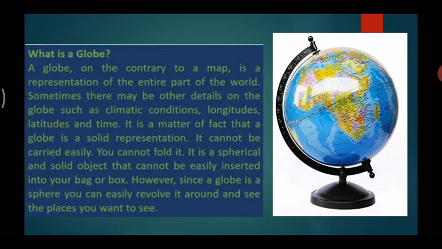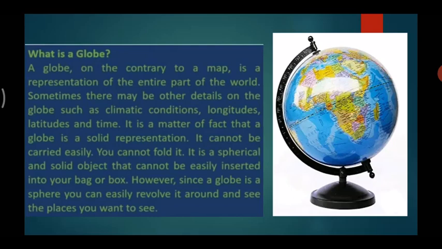Now, what is a globe? A globe, on the contrary to a map, is a representation of the entire world. Sometimes there may be other details on the globe, such as climatic conditions, longitudes and latitudes. You all know, no? Longitudes and latitudes are drawn on the globe. A globe is a solid representation, right?